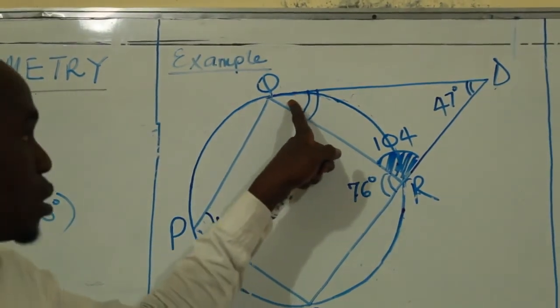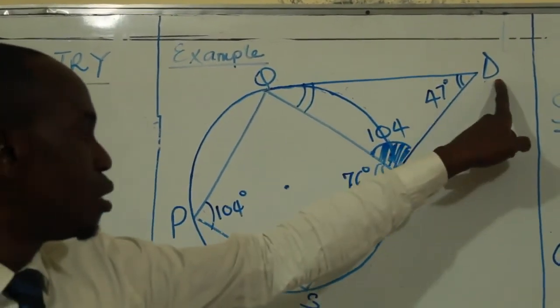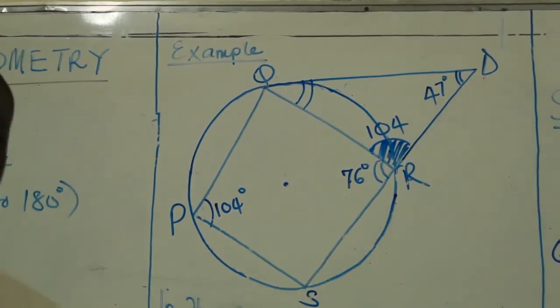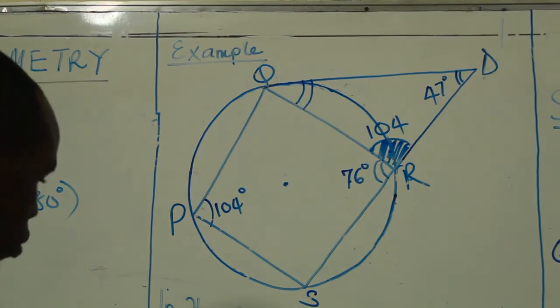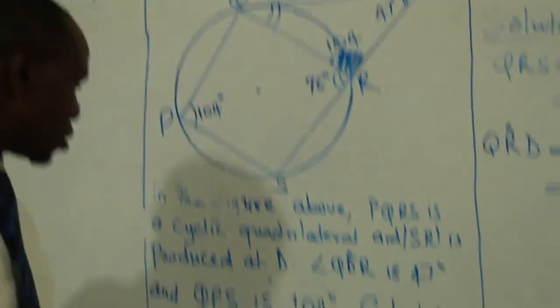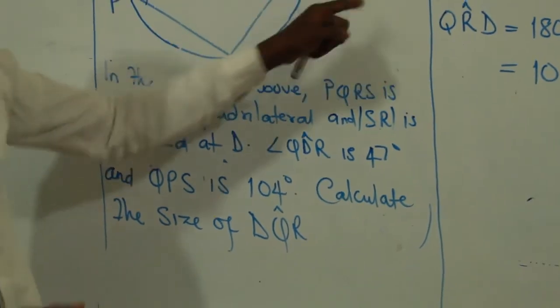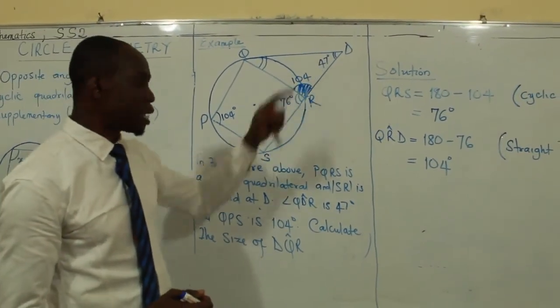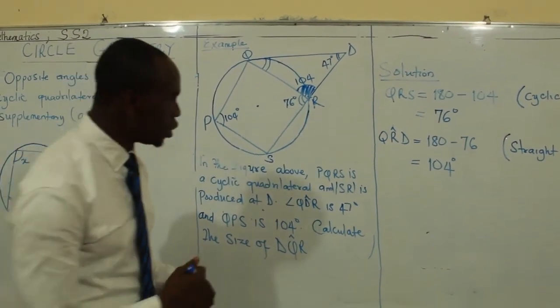Because if you notice, QRD forms a triangle. And the sum of angles in a triangle is equal to 180. So the question which says calculate the size of DQR, that DQR, has been found when these two angles are summed up and subtracted from 180.